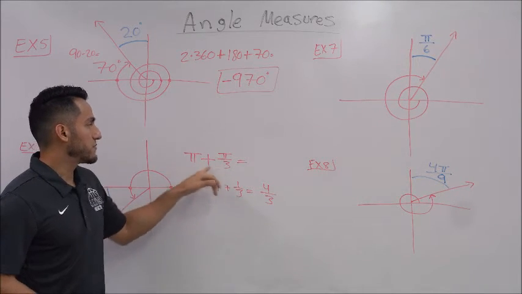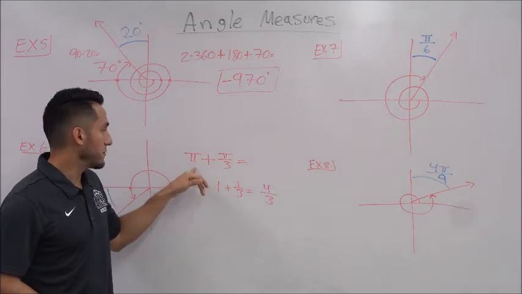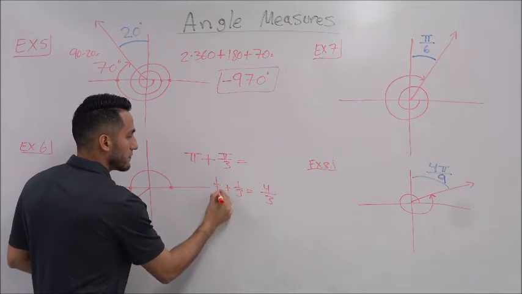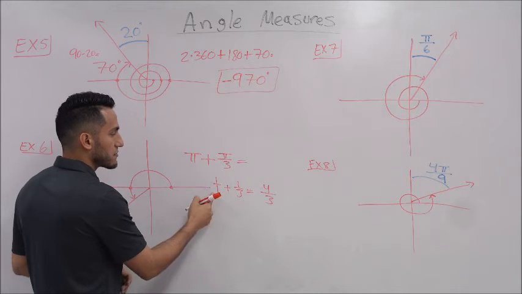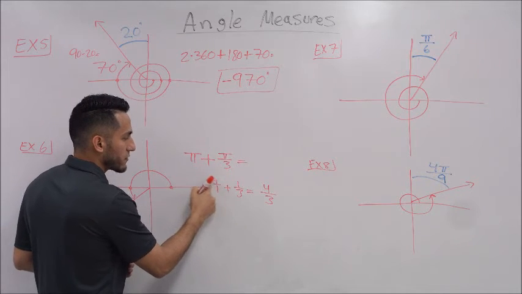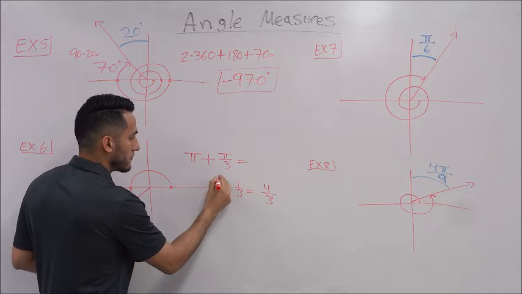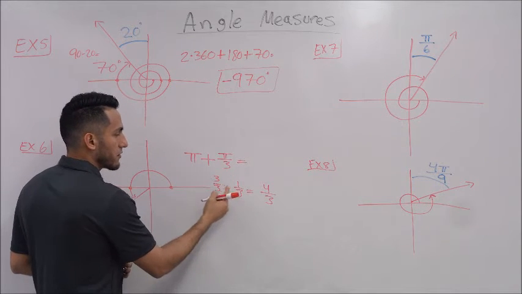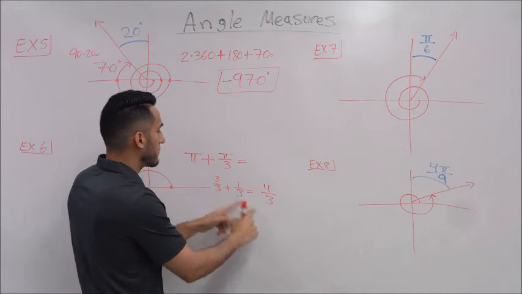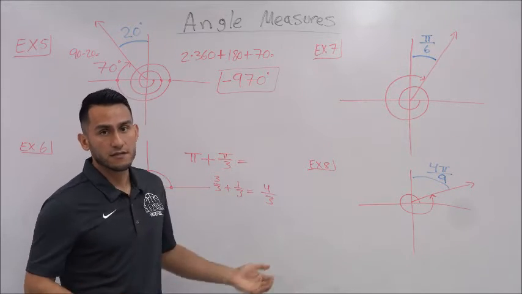If you want to do this by hand, you have to match the denominators here. The denominator here is a 1 over 1. So you have to match these denominators, so you have to multiply this fraction by 3. So if I multiply this by 3, I'm going to get 3 over 3. So 3 over 3 plus 1 over 3, they have the same denominator, you keep the same denominator, 3 plus 1 is 4. That's how you get 4/3.